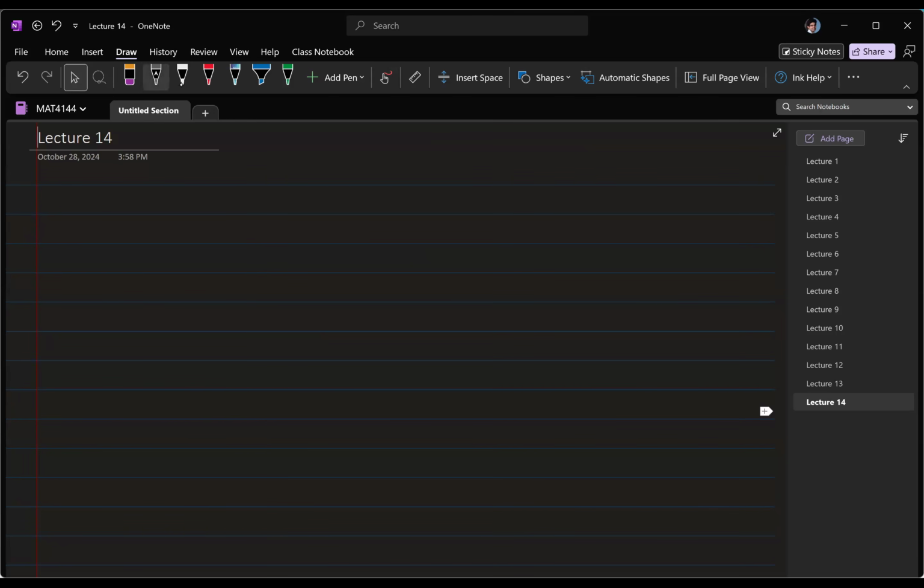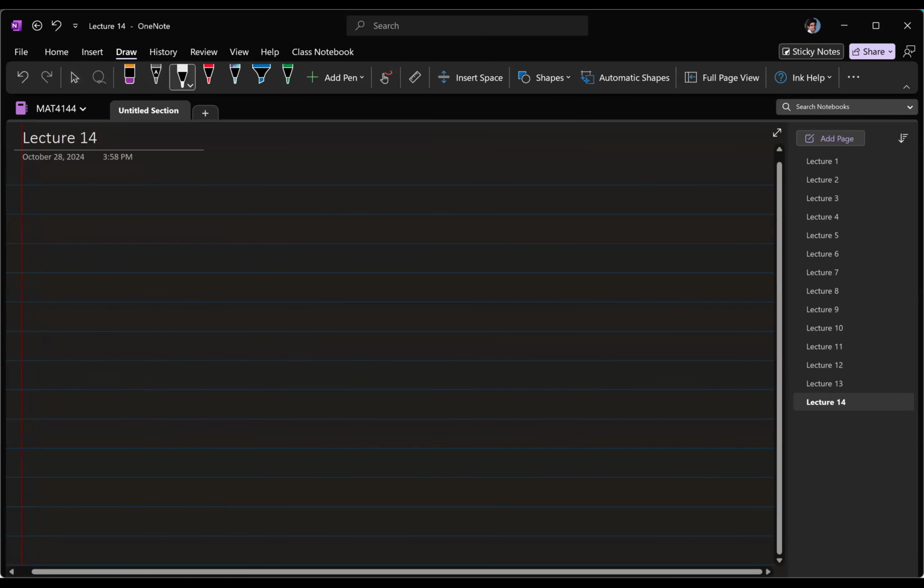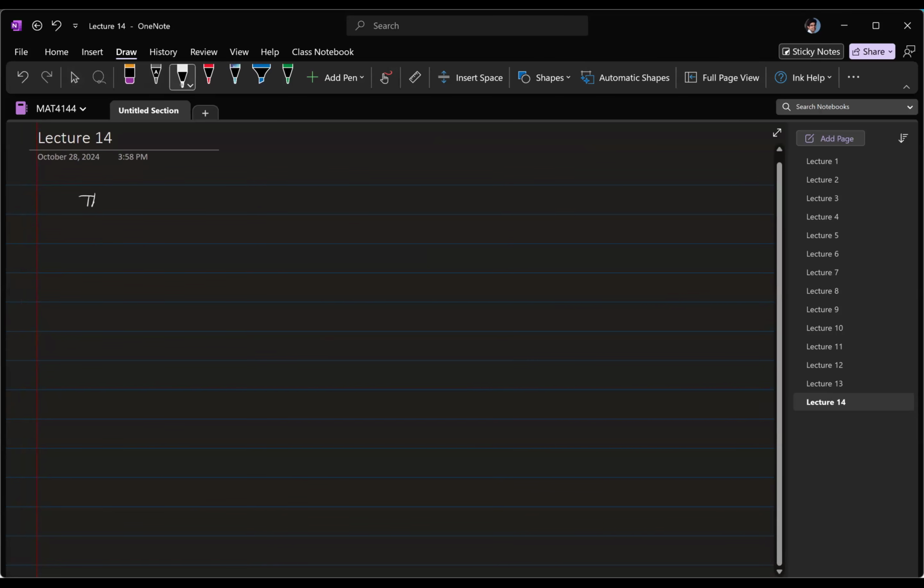So then here is the theorem, continuing from the last lecture. Okay. So let G and H be matrix Lie groups.